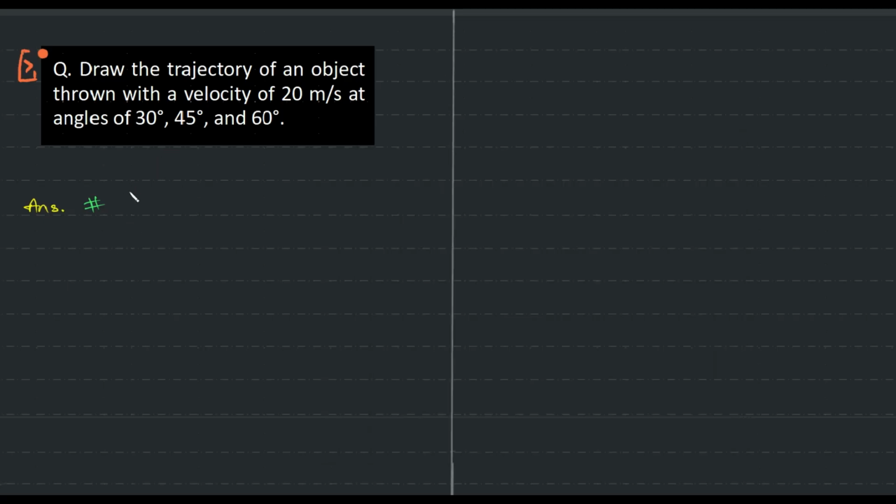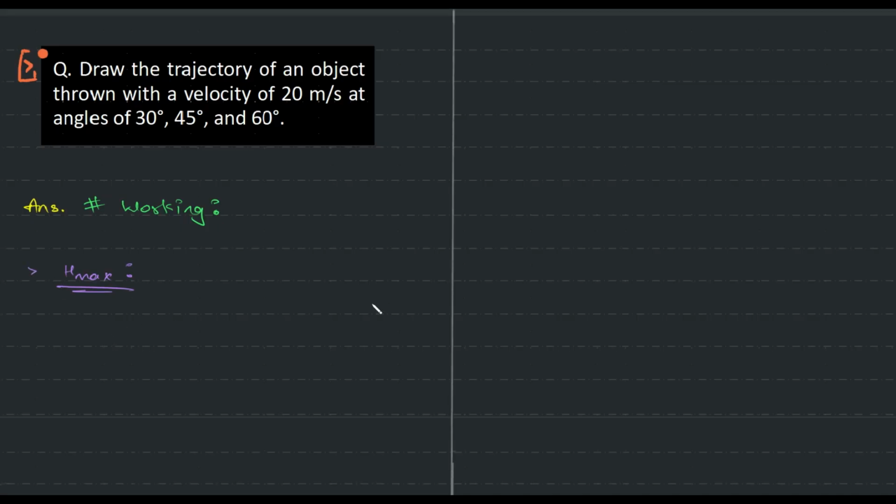Okay. So what we have here is, how do I start off? Let's figure out the maximum height. H max is what we'll figure out for each case. Say I don't remember the formula.